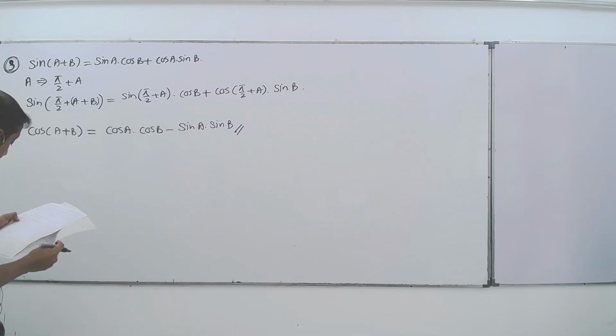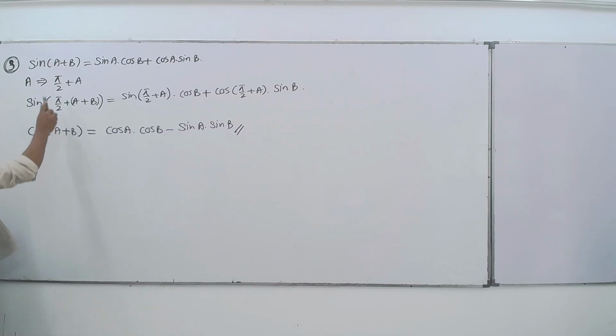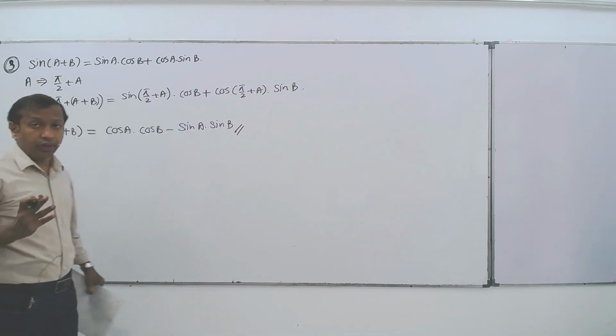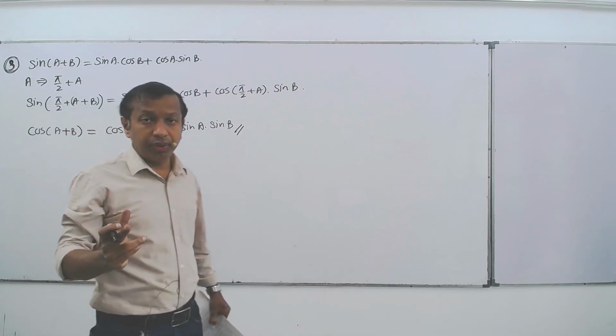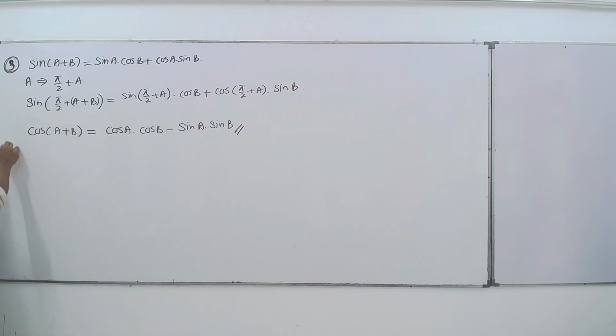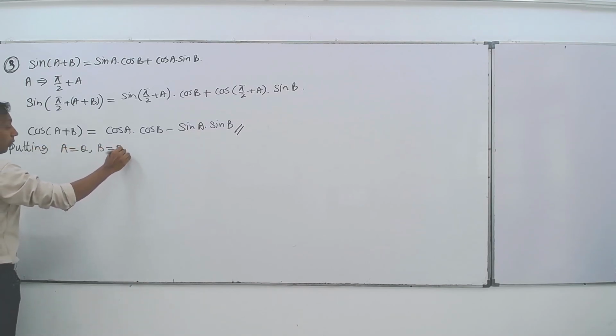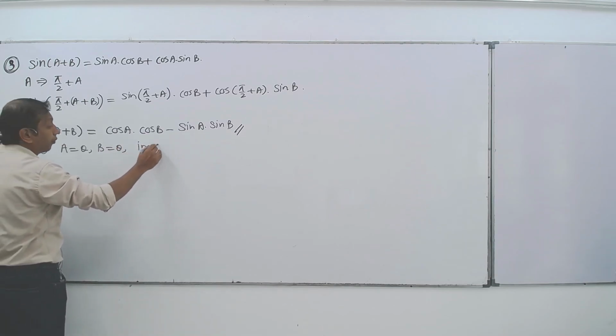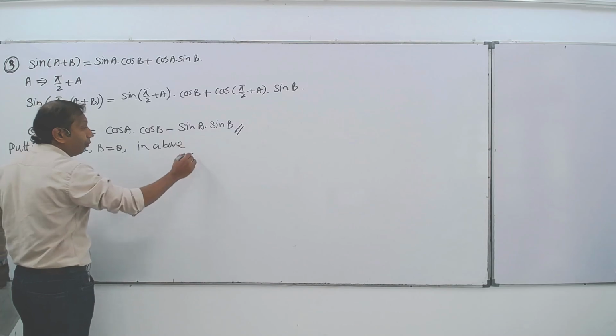By substituting suitable values for A and B, find sin 2 theta and cos 2 theta in terms of theta, right? So, we substitute in this and in this both A theta, B theta, right? Put A equals theta, B equals theta in the above formulae.